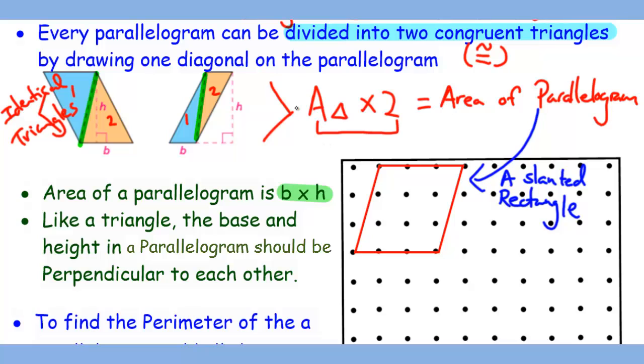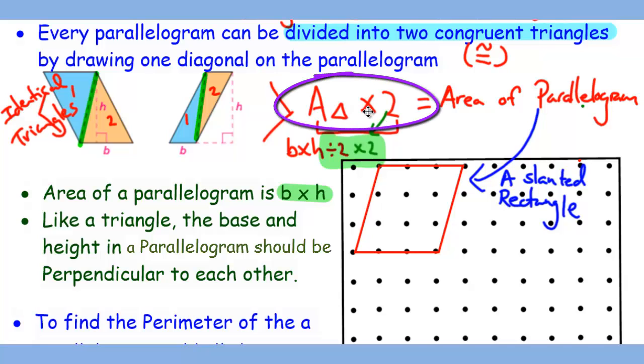Notice how the area of a triangle is base times height divided by 2. Bring in this 2 down, you times 2. This portion will negate each other because dividing by 2 and then multiplying by 2 basically means nothing has happened, which means the area of a triangle times 2 is just basically base times height.